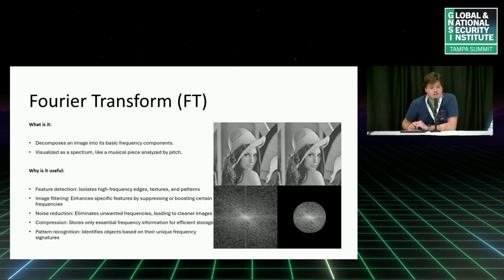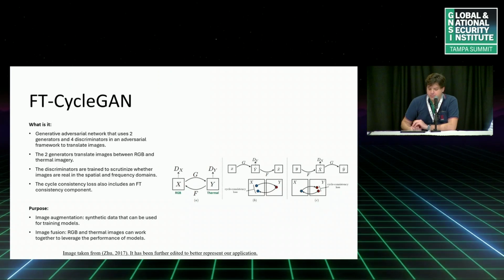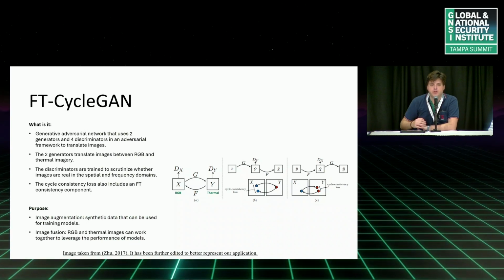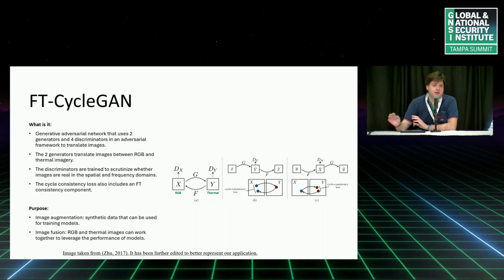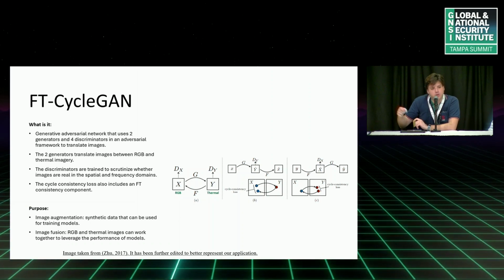If you go to the next slide. In our work, we're using CycleGAN, which is a well-known generative adversarial network that works with two generators and two discriminators to create realistic images of a target domain. For this type of network, we put two generators and two discriminators in a cycle framework.